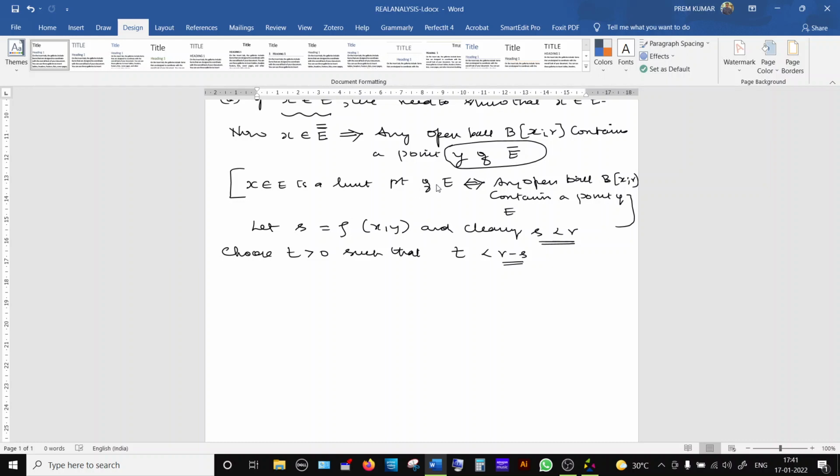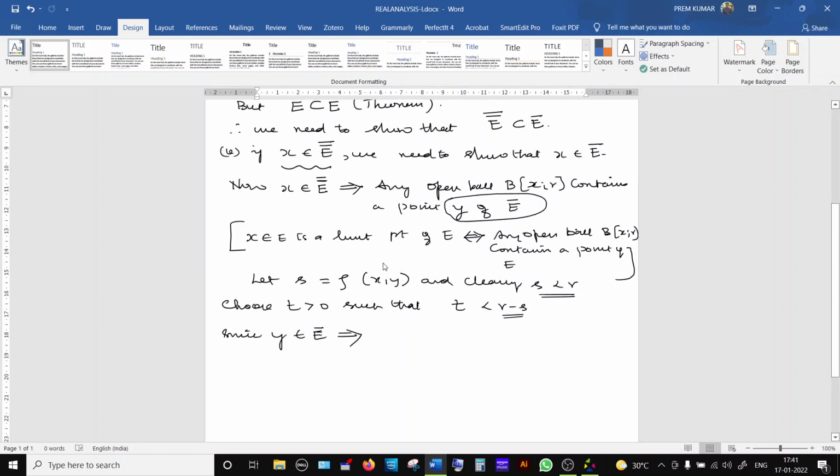Now that result, this part I am going to explain now. Since this y is an element of the closure of E, again I am going to use the same result. That is a general result.